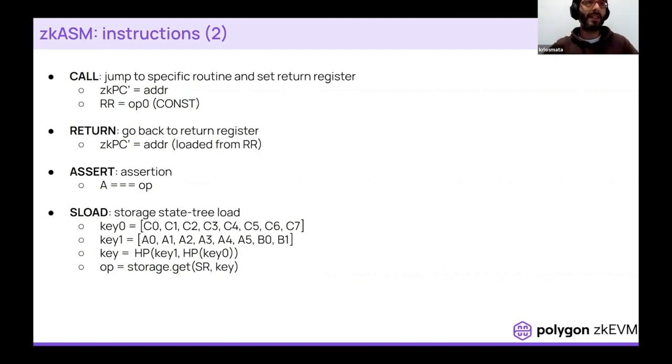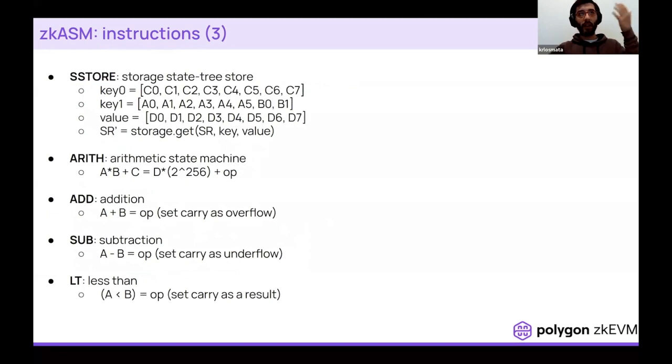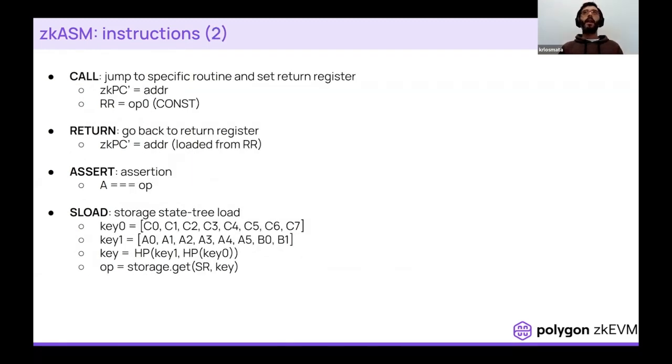We have this assert, which basically takes the register and compares if it's equal to the intermediate value of up. And here we can see one of the most important instructions, which is basically the storage. The storage load and later on the storage store are basically reading leaves from the Merkle tree that I showed at the very beginning and writing leaves to the Merkle tree.